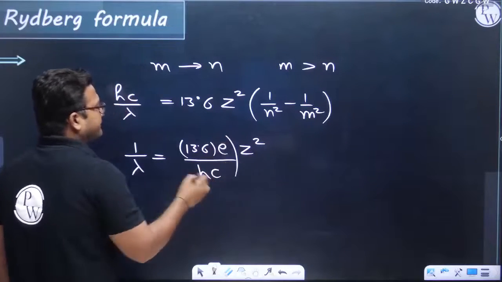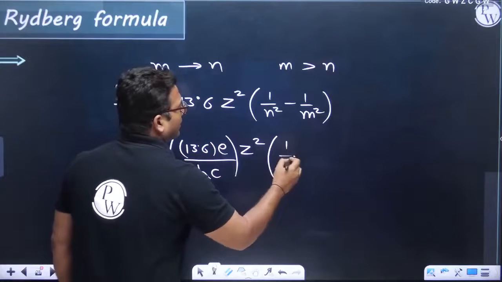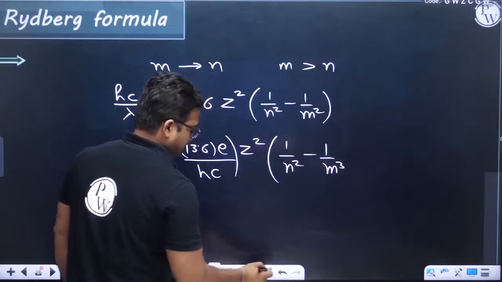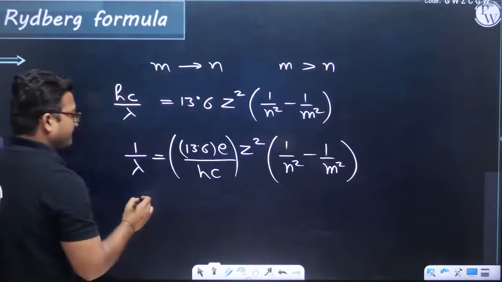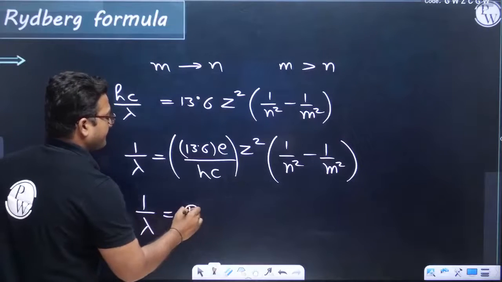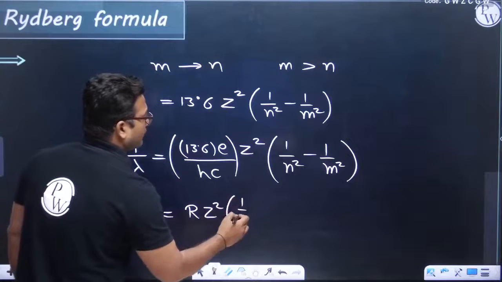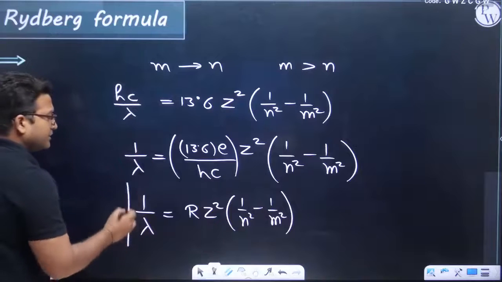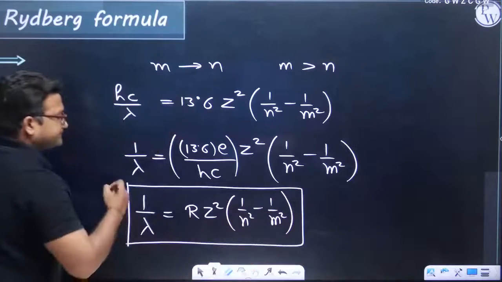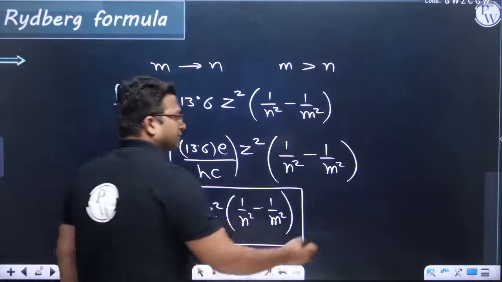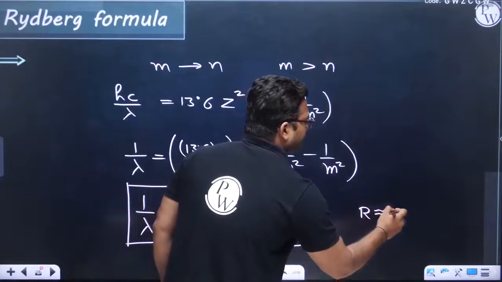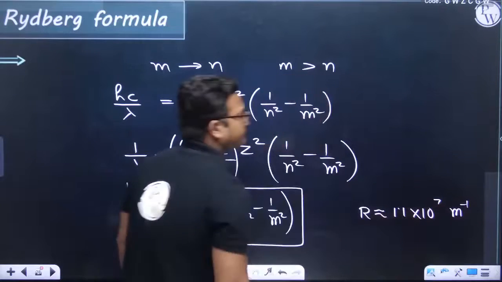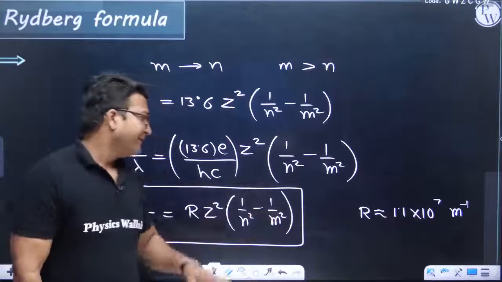This constant is called the Rydberg constant, R. So 1 by lambda equals R Z square times 1 by n square minus 1 by m square. This equation is called the Rydberg equation. The value of R is nearly 1.1 times 10 to the power 7 meter inverse, and we should remember this. And this is the Rydberg formula.